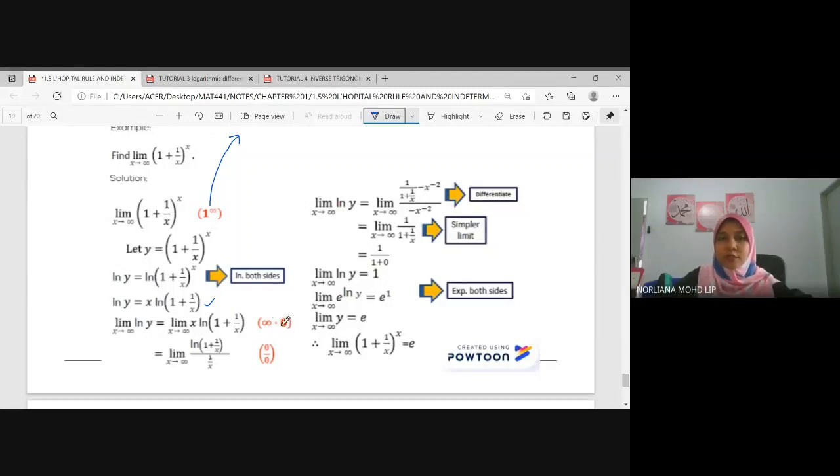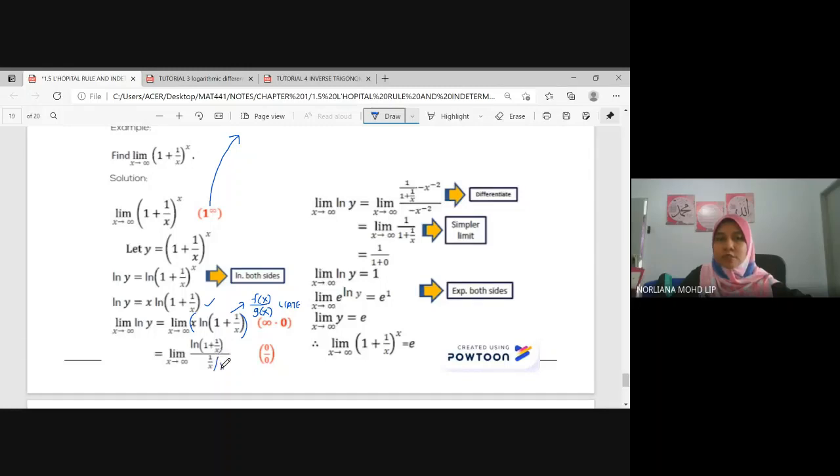You have to transform this function into f(x) over g(x). Based on the LIATE rule, we get this new form: ln of (1 plus 1 over x) over, bring it down, x to the power of negative 1, or 1 over x.